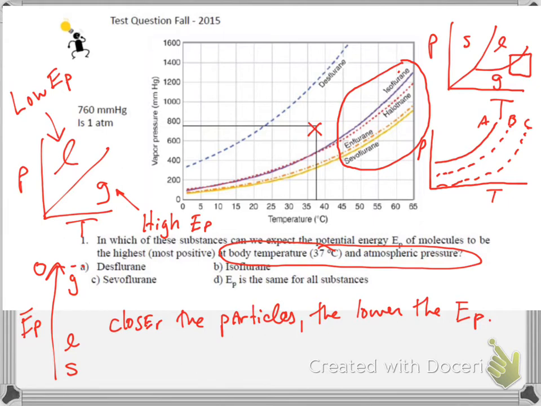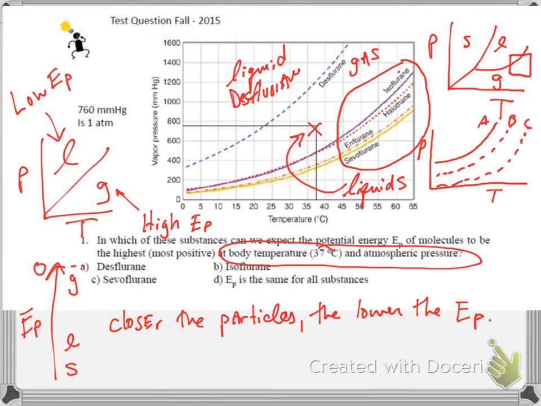That red X is to the top left of those lines, so that's a liquid. While for desflurane, the one dashed line, the liquid area is above the dashed line, and the gas is below. So desflurane is the only substance in the gas phase under the conditions where the red X is. Everything else is a liquid.